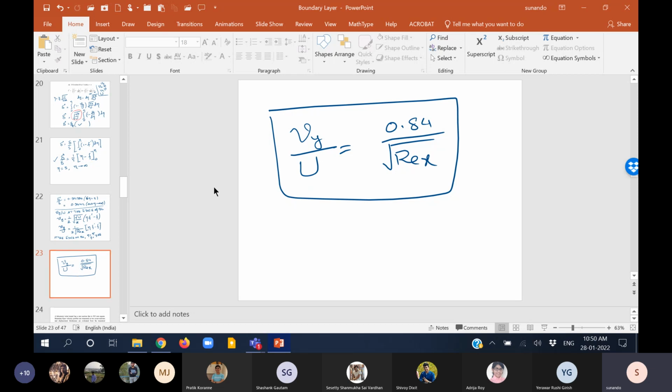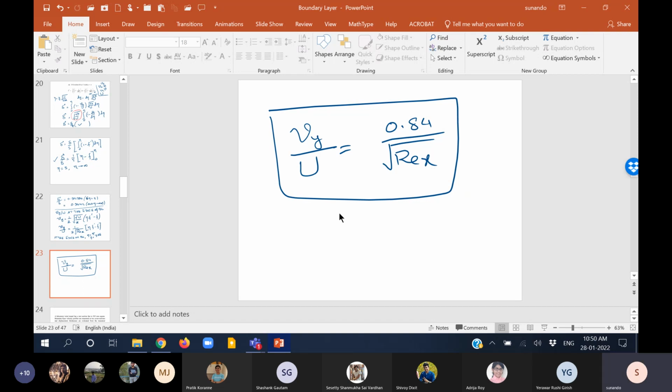It also shows what we would expect: as the Reynolds number increases, as we go further along the position, the value of Vy decreases, and therefore the rate of growth of the boundary layer decreases with increase in x.